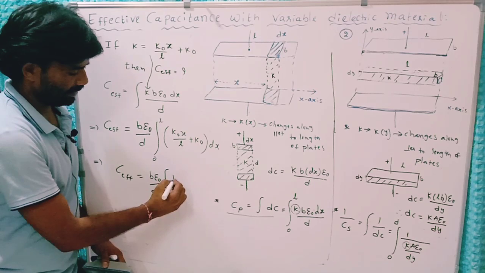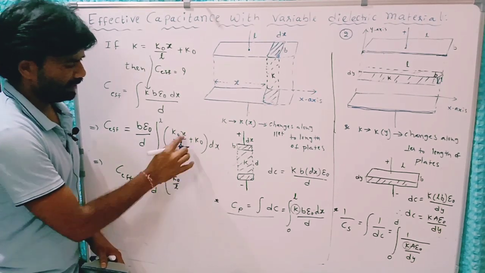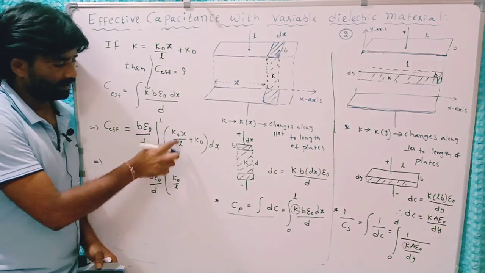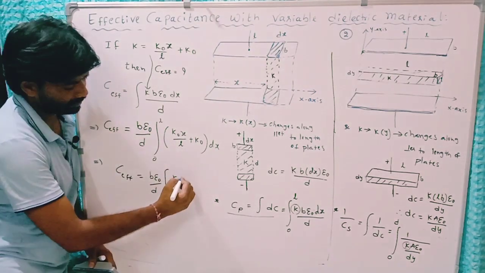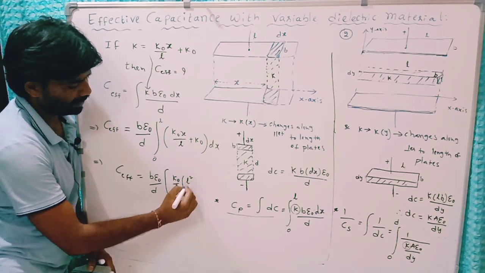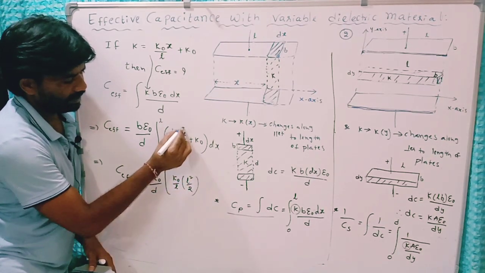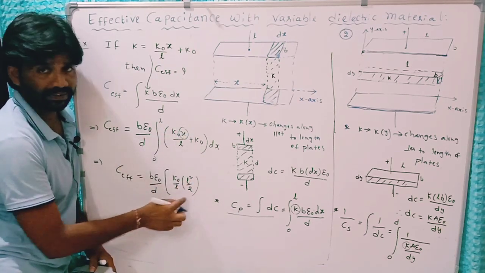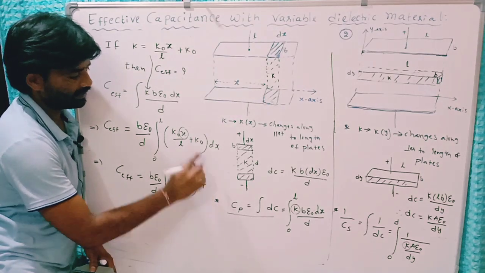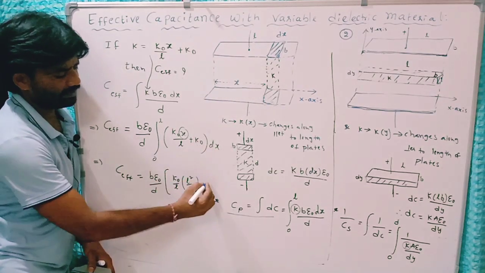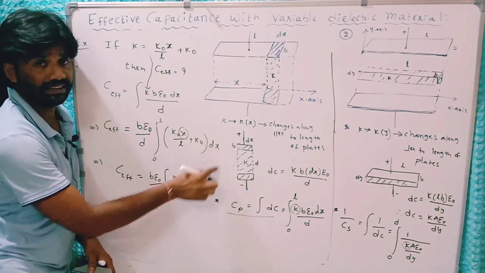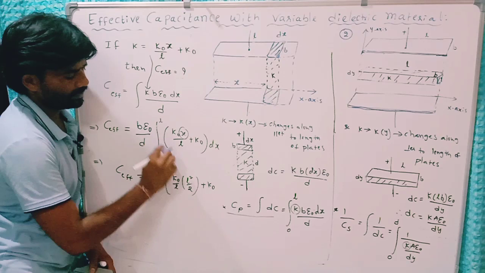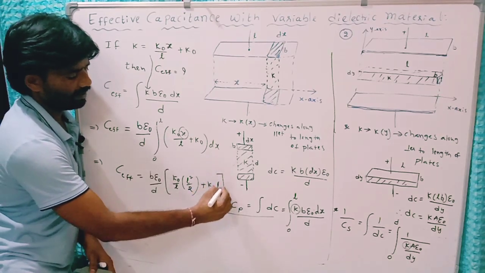The integration of x dx is x square by 2, and directly you can substitute the limits. After substitution of limits, it gives L square by 2. Now for K naught dx, K naught is constant and the integration of dx is x. If you substitute the limits, you will have only L.